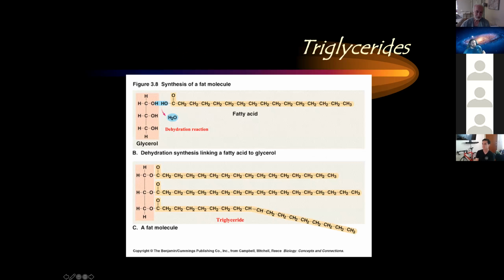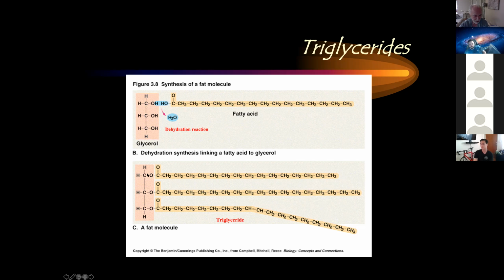So that brings us to what are fats. Fats are triglycerides. What happens is that a molecule of glycerol, which is a 3-carbon molecule with a hydroxyl on each of the carbons, can undergo a dehydration reaction with the carboxyl end of a hydrocarbon, and the hydrocarbon bonds to the glycerol molecule.